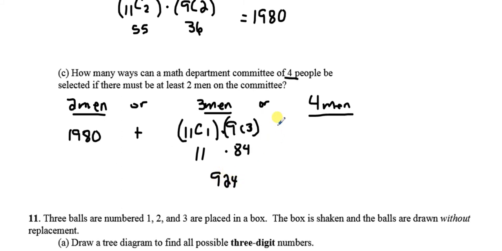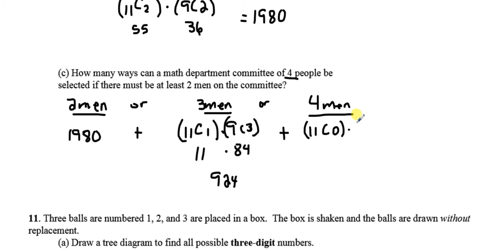And we're going to add, so we can have 2 men or 3 men or 4 men. So we're going to add combinations of 4 men. So this is going to be 11 women, and we're going to choose 0. And you really don't have to do this. If you do that on the calculator, that comes out to be 1. There's one way to choose no people.